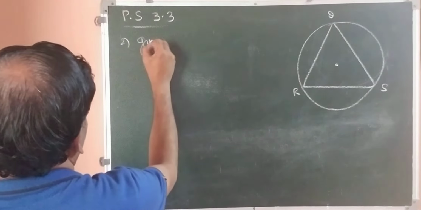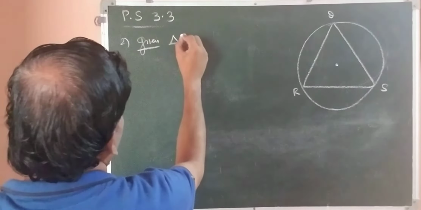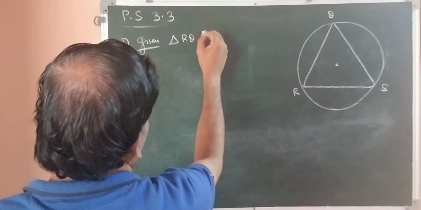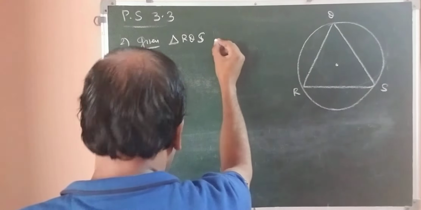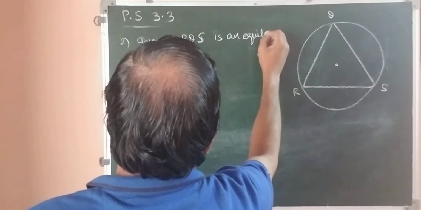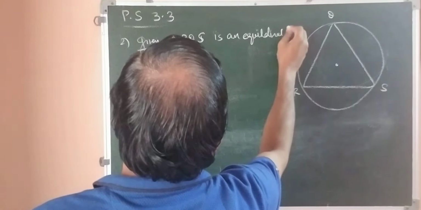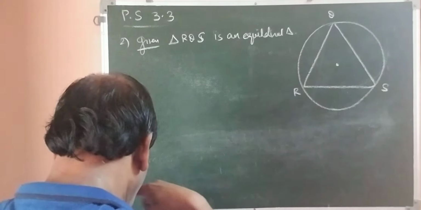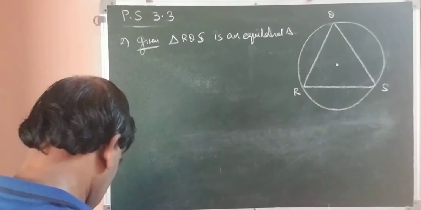Given: triangle RQS is an equilateral triangle. Now, what to prove?